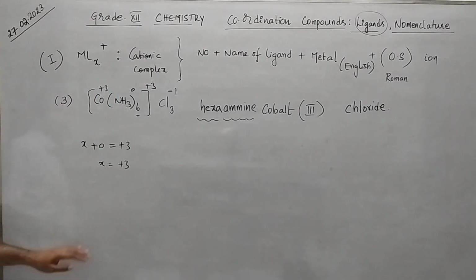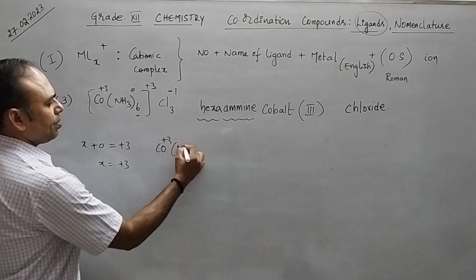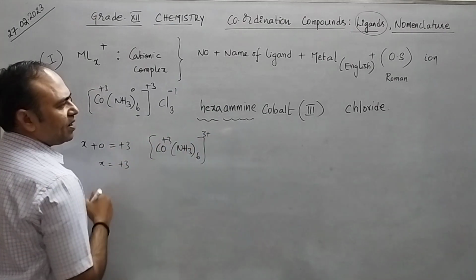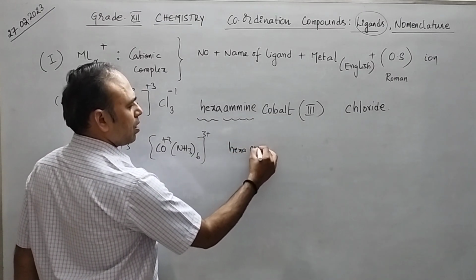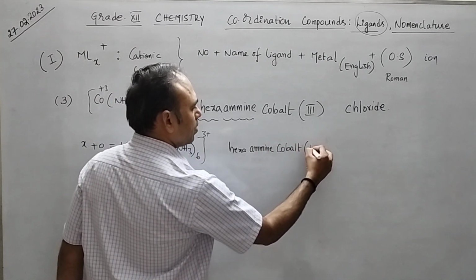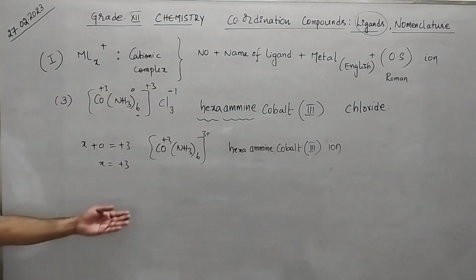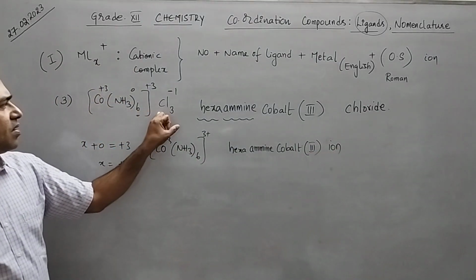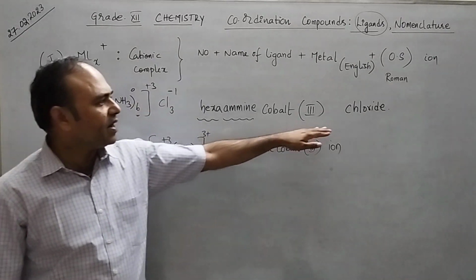Hope you have understood this. If only the complex is given, like Co(NH3)6 3 plus, what do we write? We write hexaammine cobalt Roman number 3 ion. Hope you have understood the difference. If they give only the cationic complex, we have to end with ion. If they have given us the spectator ions or counter ions, Cl minus, therefore we write chloride.